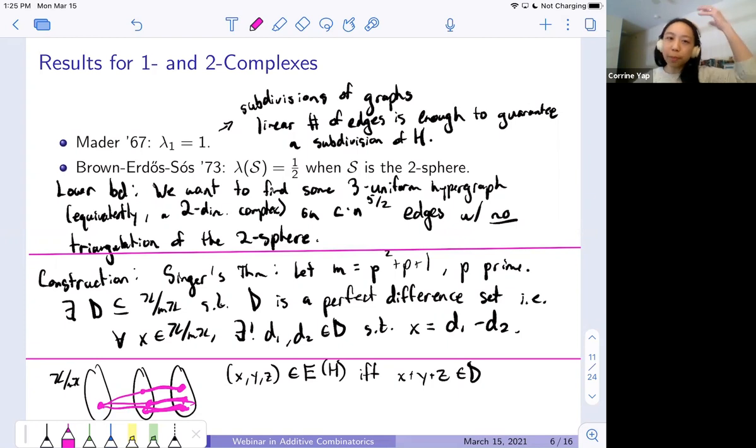You can think about a tetrahedron, that is the picture you can have in your head.